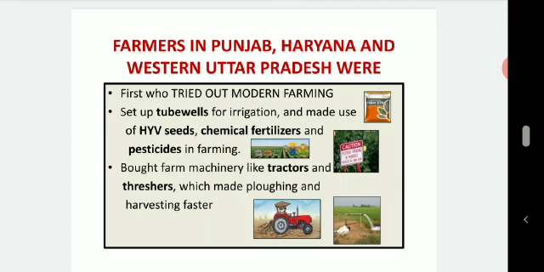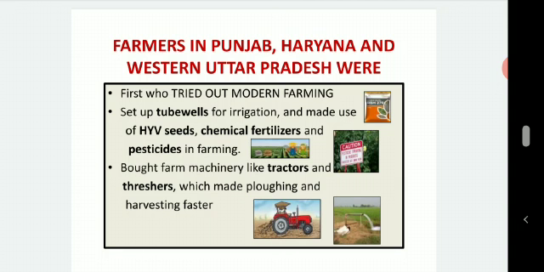This reminds me of the farmers in Punjab, Haryana and western Uttar Pradesh. It is said that the farmers of these states were the first to adopt modern farming.